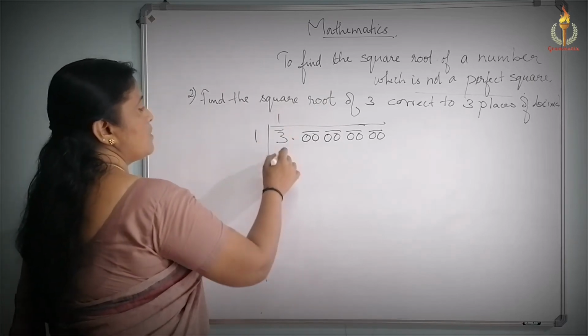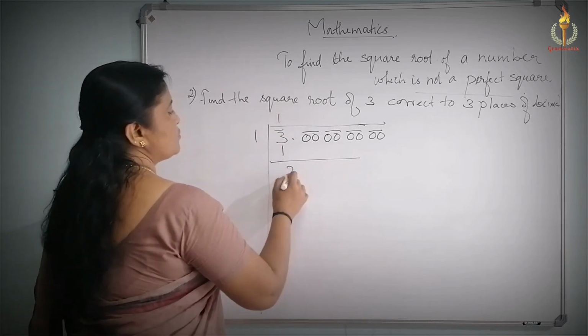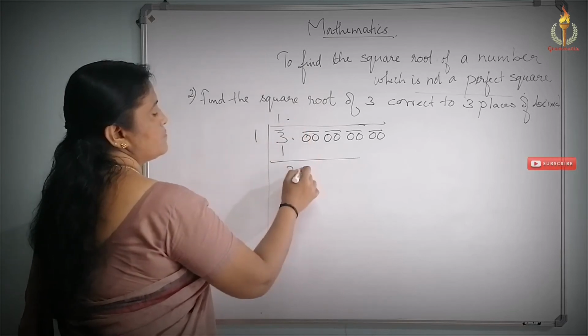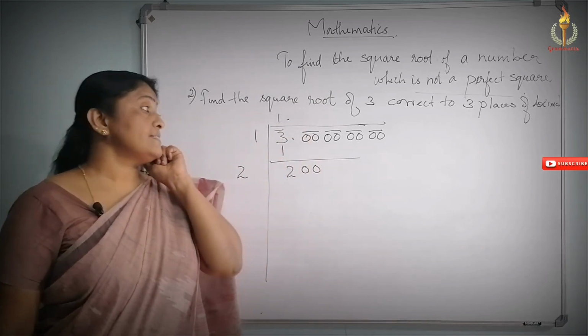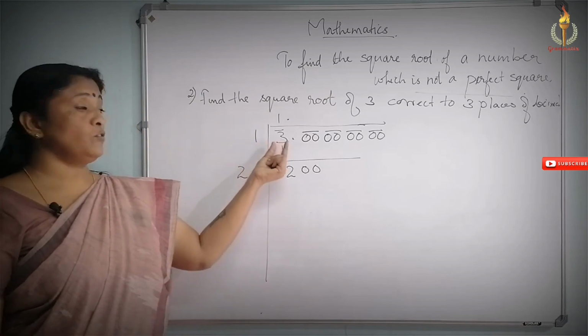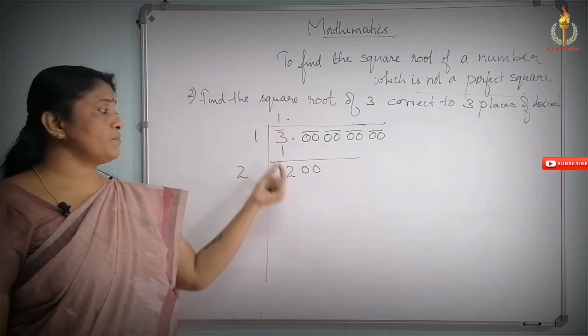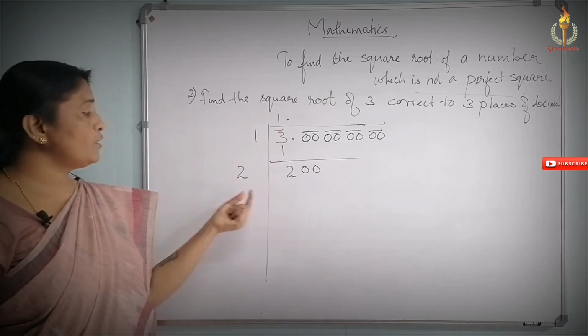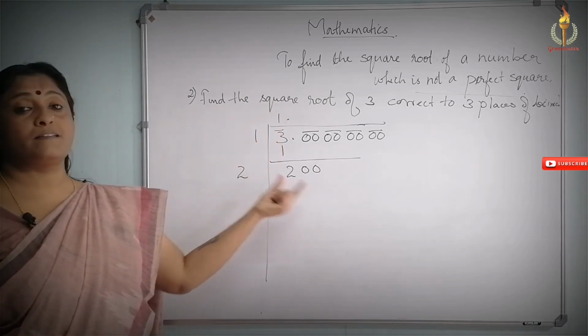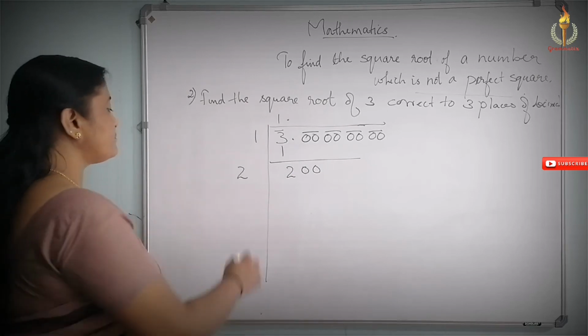So 1 ones are 1, 2.00, 1 plus 1, 2. Okay, this is the step here. So you have taken 3, 1 into 1, 1, subtract it, and 1 plus 1, it is 2 here. Now you have to find a number here so that it is less than 200.